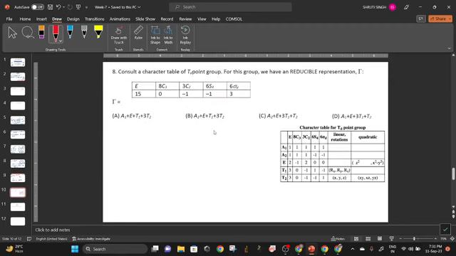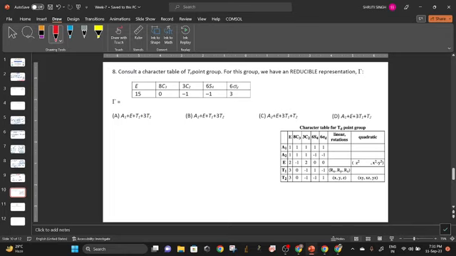Okay, let's come to the 8th question. It says consult the character table of the Td point group, and for this group we have a reducible representation tau, which is given like this. We need to figure out what irreducible representations this tau is made up of, so we need to break this tau into a linear combination of irreducible representations.